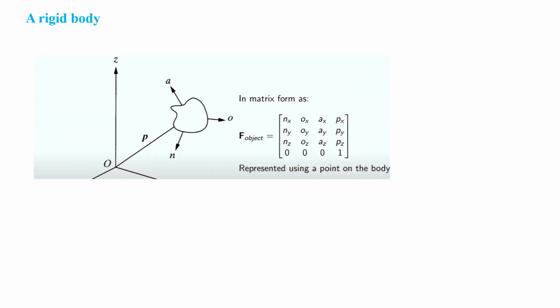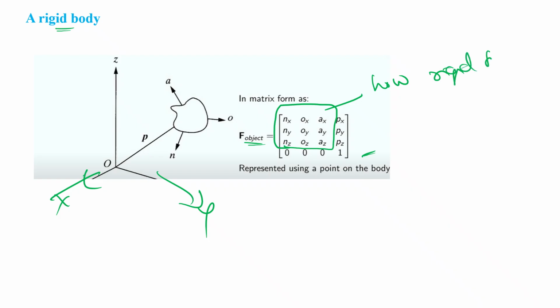Next one is rigid body. A robot is a rigid body. Here is the same thing, a rigid body. Here also we have NOA, which is represented in terms of X, Y, and Z. It is the same matrix form, but the name is different: the rigid body. This represents how your rigid body is oriented with respect to the O frame.